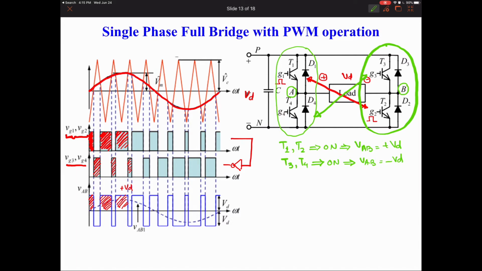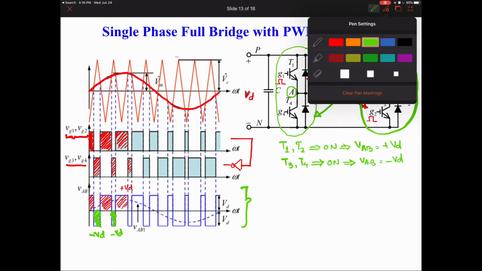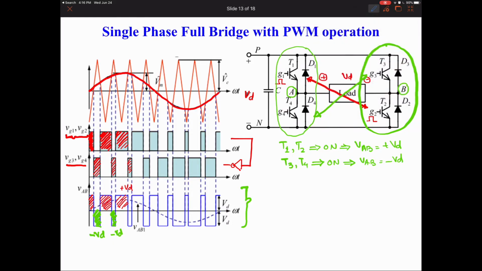Okay, so our output voltage, when we turn on G3 and G4, will cause minus VD across the load. So in this portion, minus VD will appear across the load. So this is our output voltage waveform, and if you look at this waveform, you will observe that the output voltage area is going to vary sinusoidally.